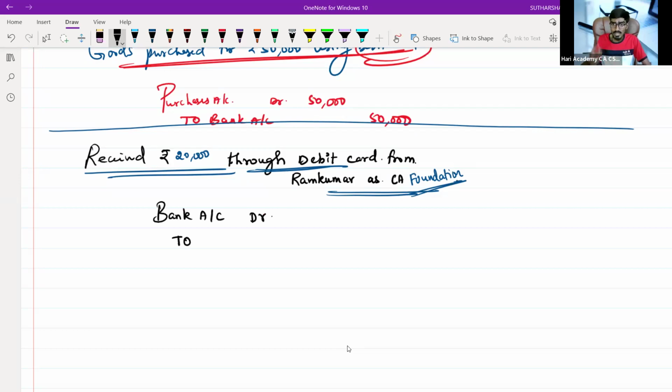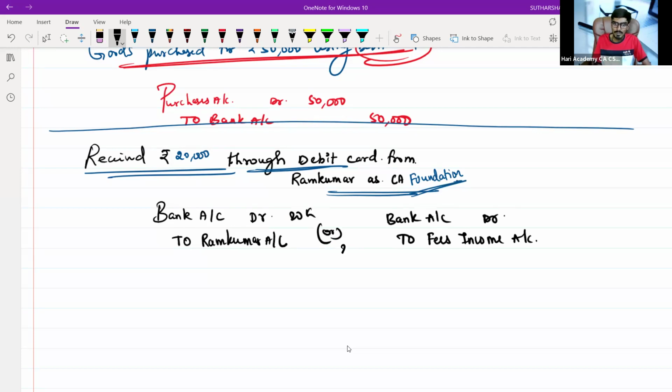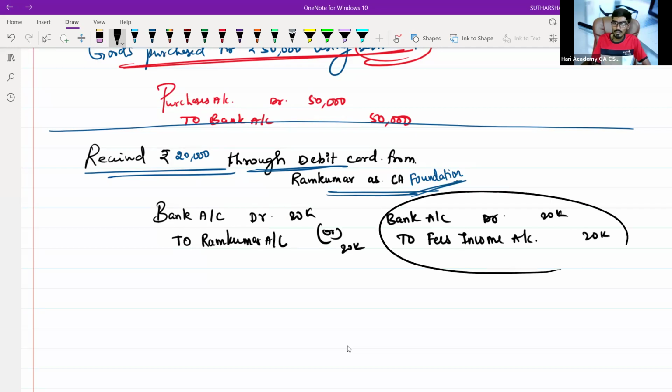Second, I can use Ram Kumar account, or the journal entry can be bank account debit to fees income account, 20,000. I used to follow bank account to fees income account. This is the one journal entry I should pass.